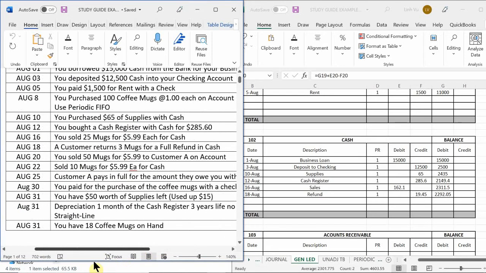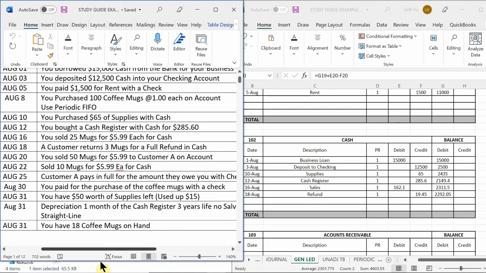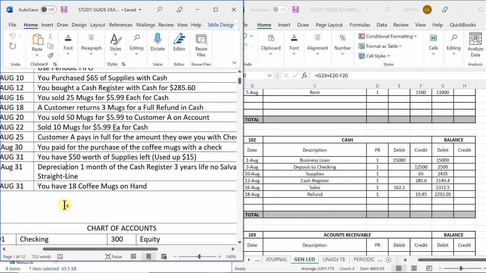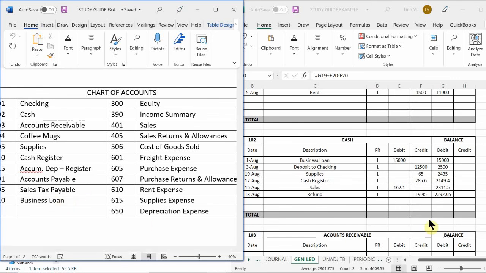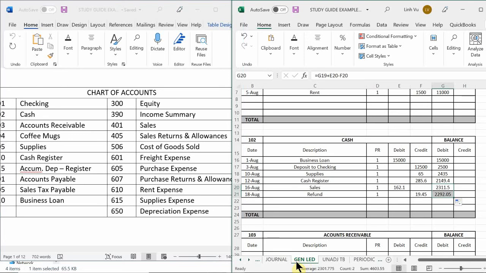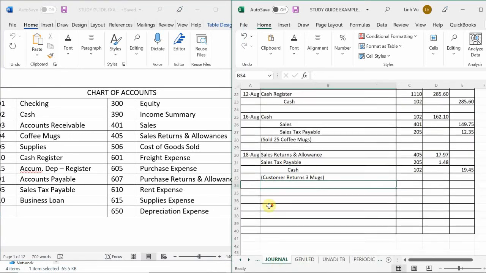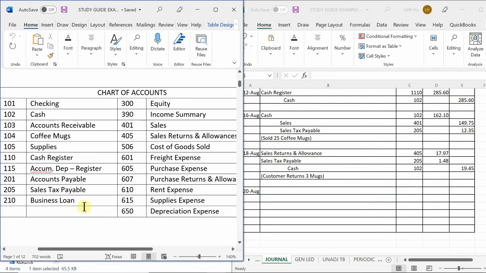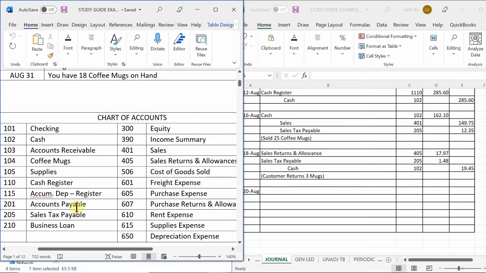So here you end up selling 50 mugs for $5.99 to customer A on an account. So how do we journalize this?